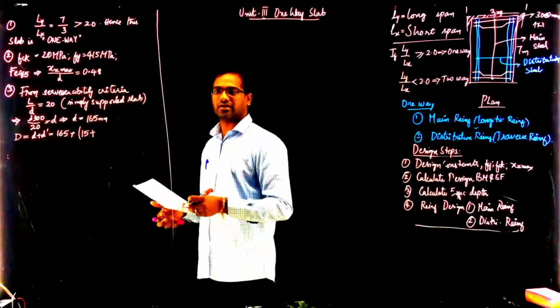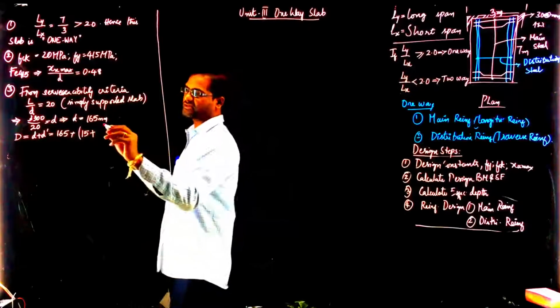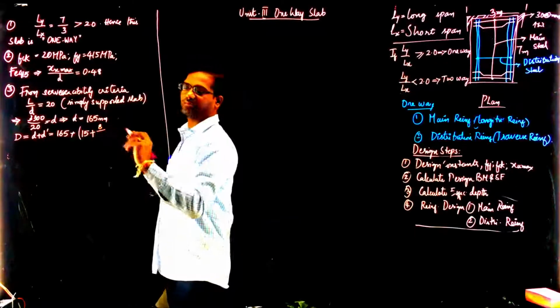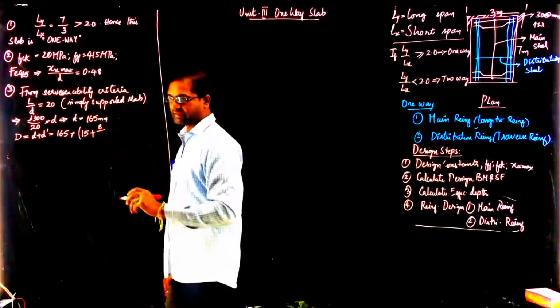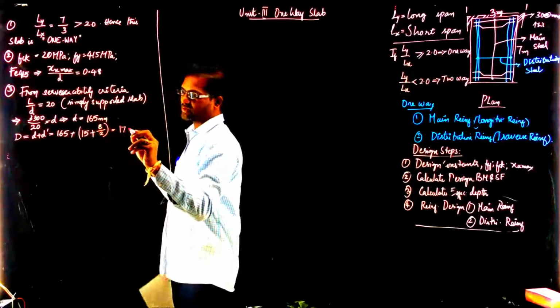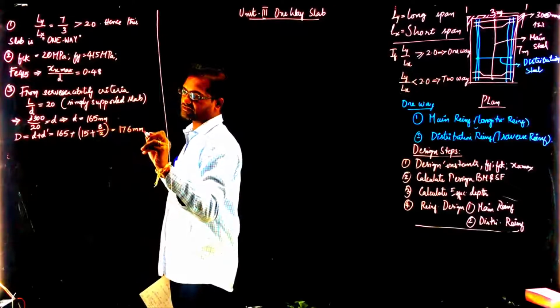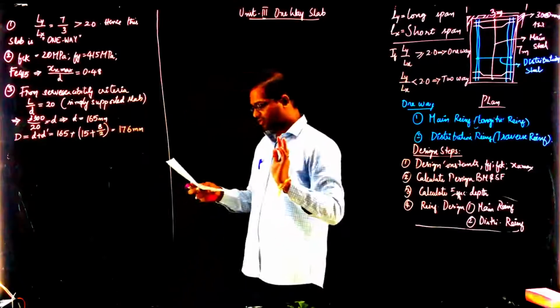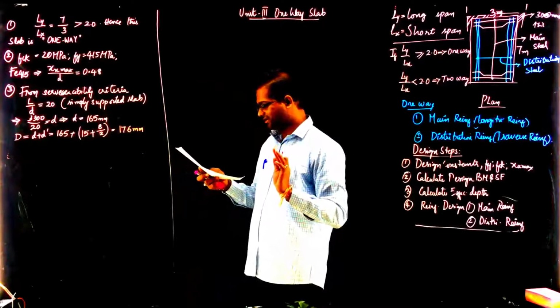For slabs, 8 mm or 10 mm bars are normally taken. I am taking 8 mm, so 8 by 2. So the overall depth you will get is 176 mm. Let us take an overall depth of 176 mm.